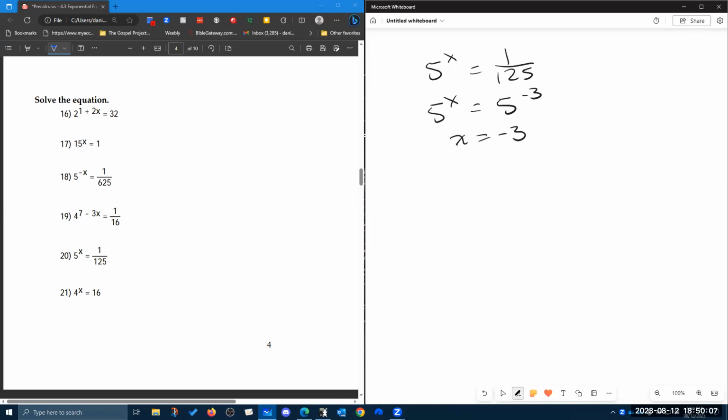If you don't recognize it right away and need to use a factor tree, for instance, I would see that 125 is divisible by 5 because it ends in 5. 5 goes into 125 25 times, and 25 is 5 times 5. And then I could say, oh, well, that means that this is 5 to the 3rd power.